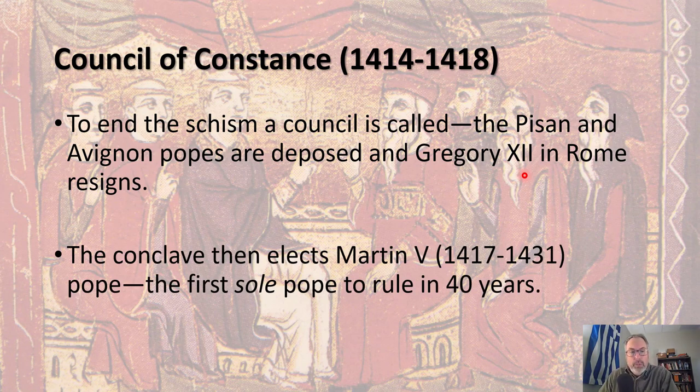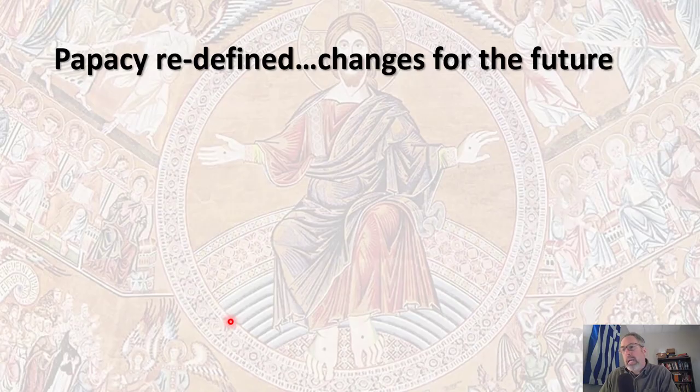And then the conclave, which is just a word used for the cardinals getting together to elect a new pope, they get together and they elect Martin V, who is a much better diplomat than Pope Urban was. And he rules as pope for the next 14 years. And he's the first sole pope, the only pope to rule in Rome, in the Vatican, for the first time in about 40 years.